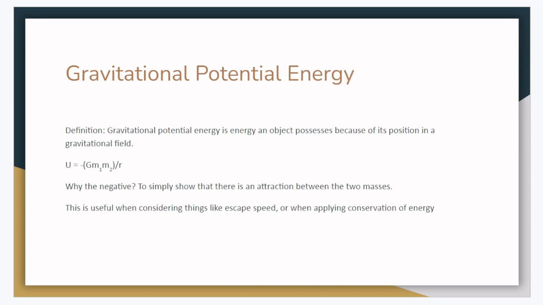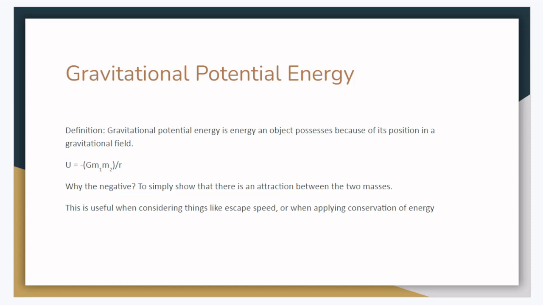Moving on. So gravitational potential energy. What is this? This is the energy an object possesses because of its position in a gravitational field, and is calculated by negative G m1 m2 over r. So why is it negative? This is simply to show that there's an attraction between the two masses. We know that energy isn't a vector, so we can't assign directions to energy.